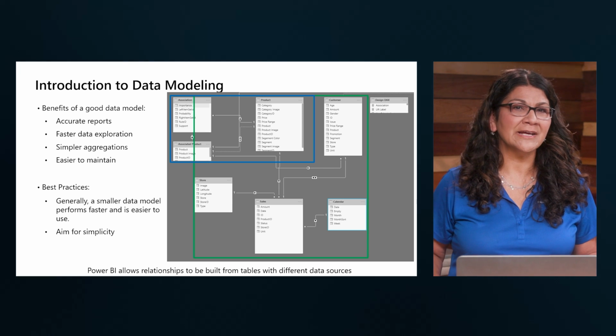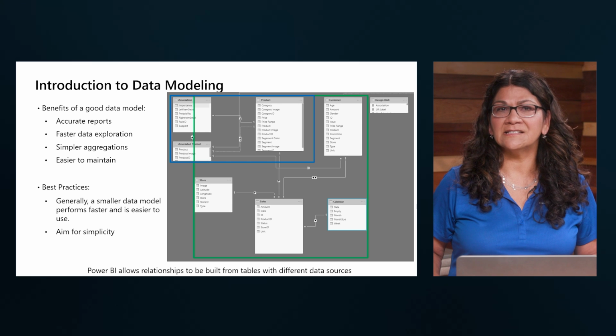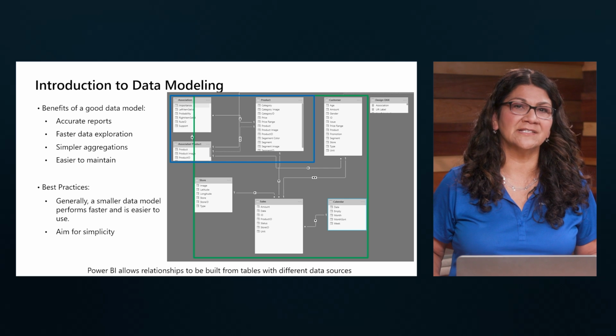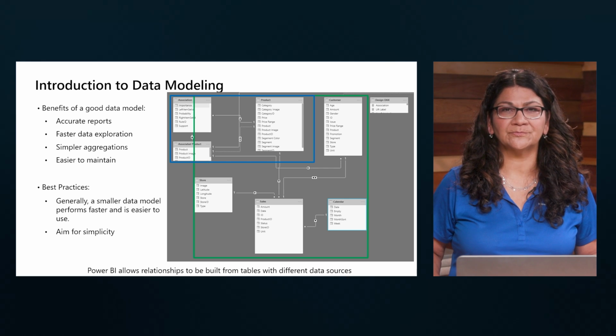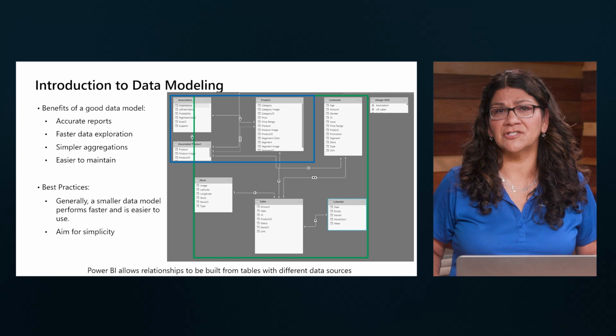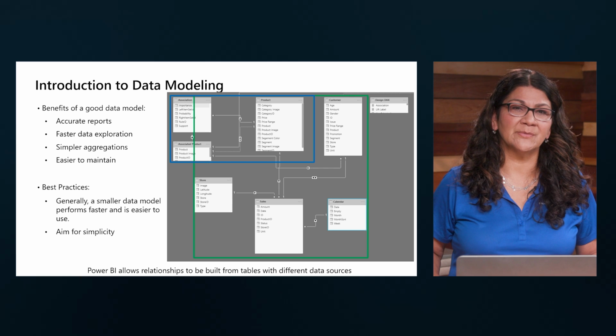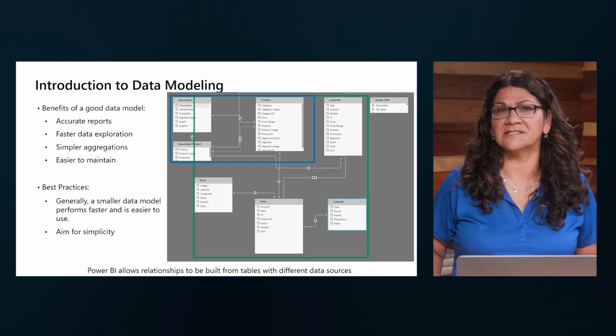They hold the primary key, like date in the calendar table, customer ID in the customer table, product ID in the product table, and store ID in the store table, and the one side of the relationship with the sales fact table.